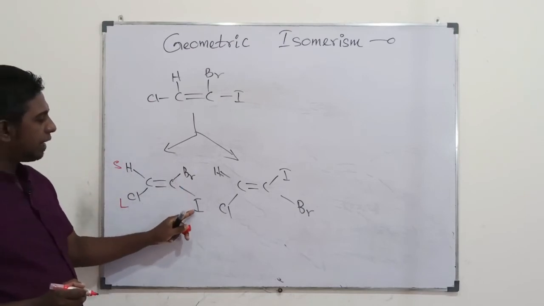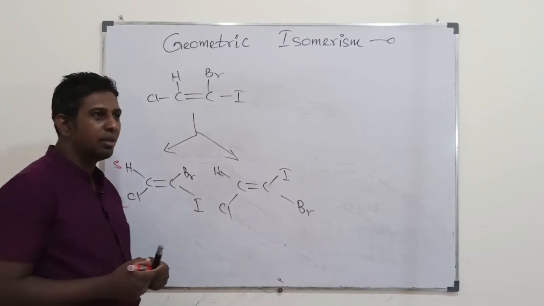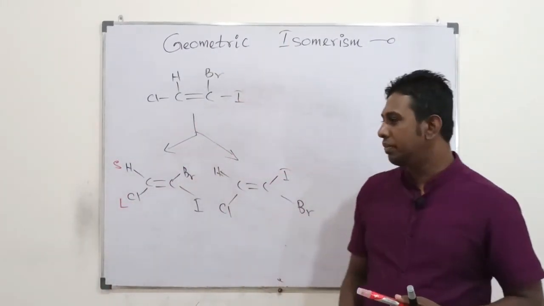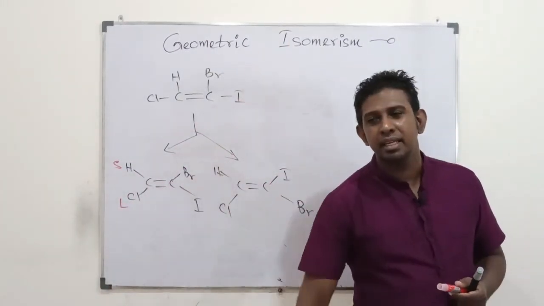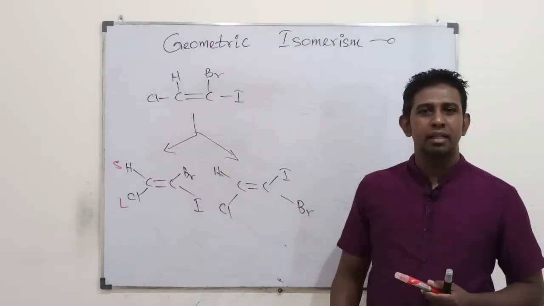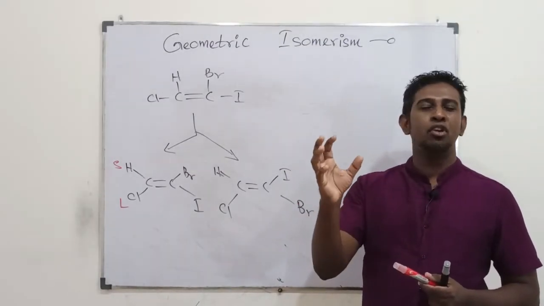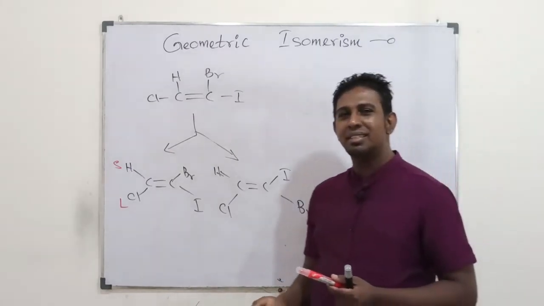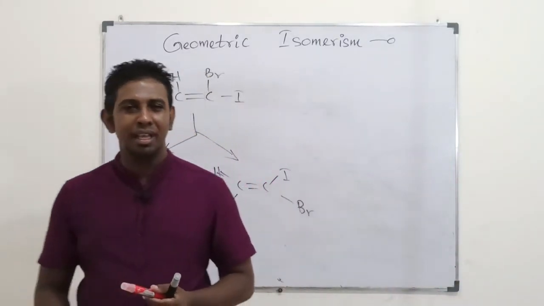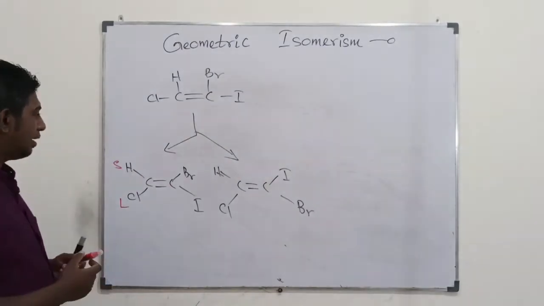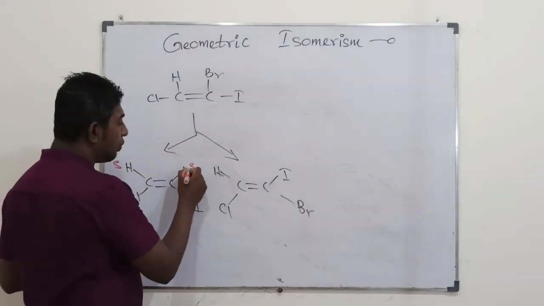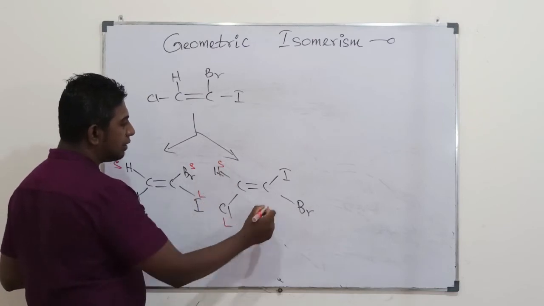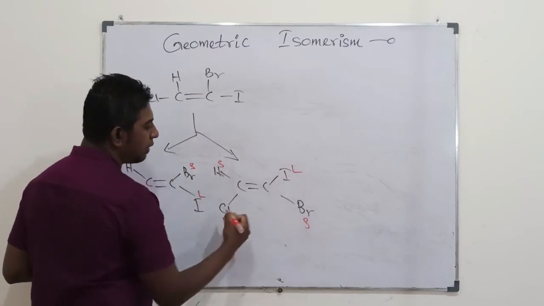Then when you compare bromine and iodine, you find them in the 17th group. Down the group, their masses increase. Bromine is small, iodine is large in their masses. So it is small, large. Here, small, large, large, small.